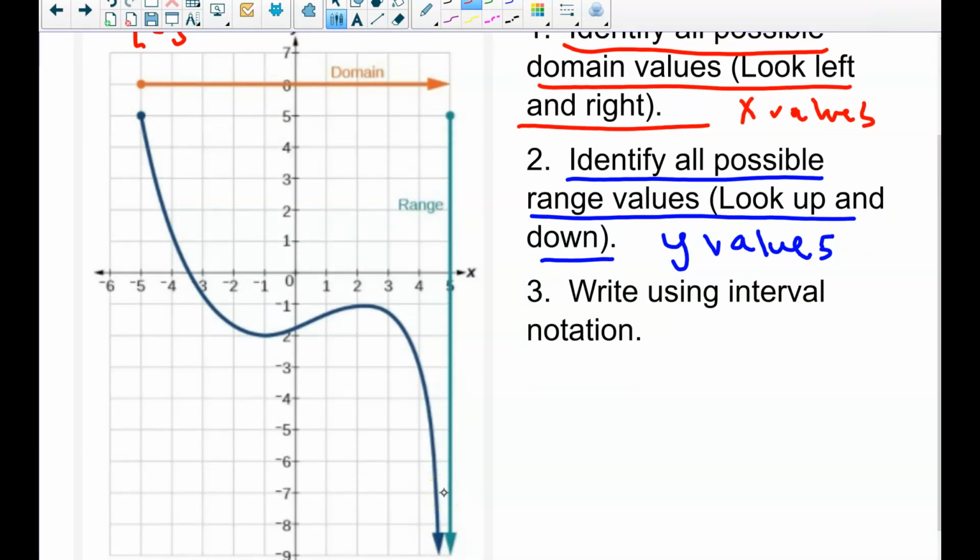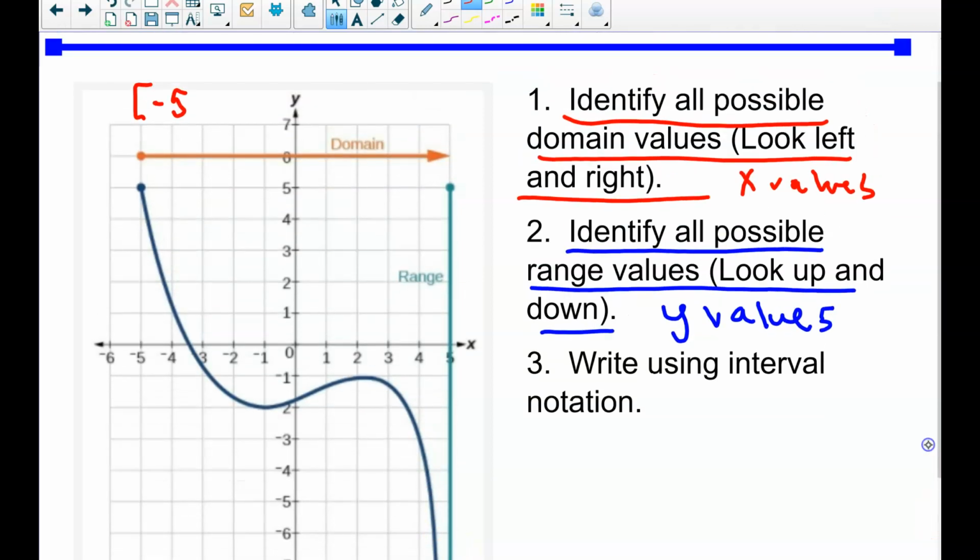Even though it's going at a slow rate, it would continue to get bigger and bigger in those x values. So our domain for this one would be a bracket around that -5 value, because that's included, and then to positive infinity with a parentheses around it. Close bracket to positive infinity. That's how we'd list that one out.